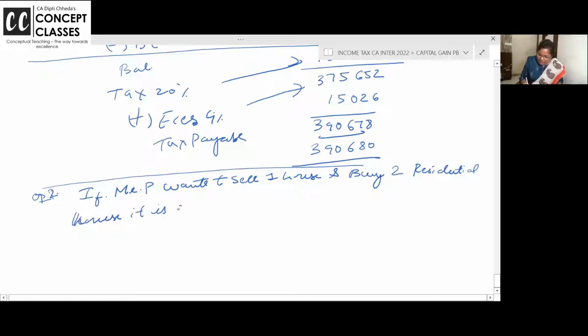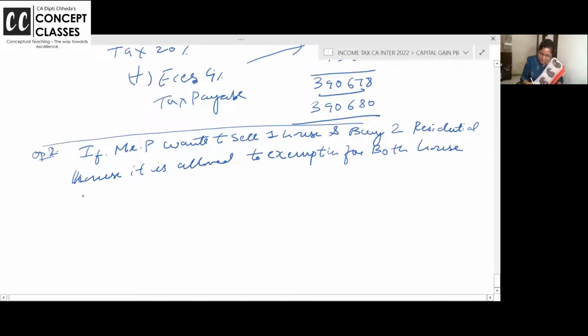It is allowed to take exemption for both houses, if capital gain is less than 2 crore. Capital gain is less than 2 crore. Okay, is it clear?